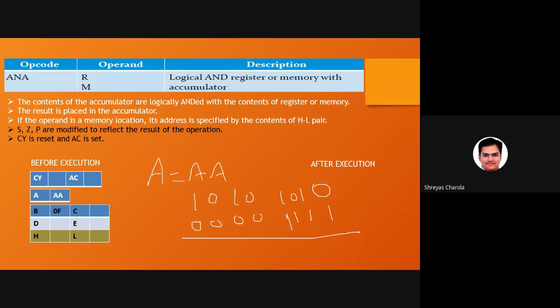Do the ANDing operation and write down what the answer in hexadecimal should be in the accumulator after performing the AND operation.